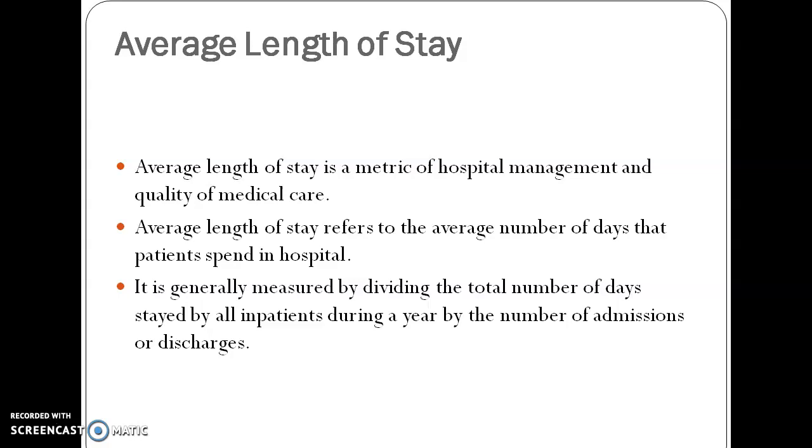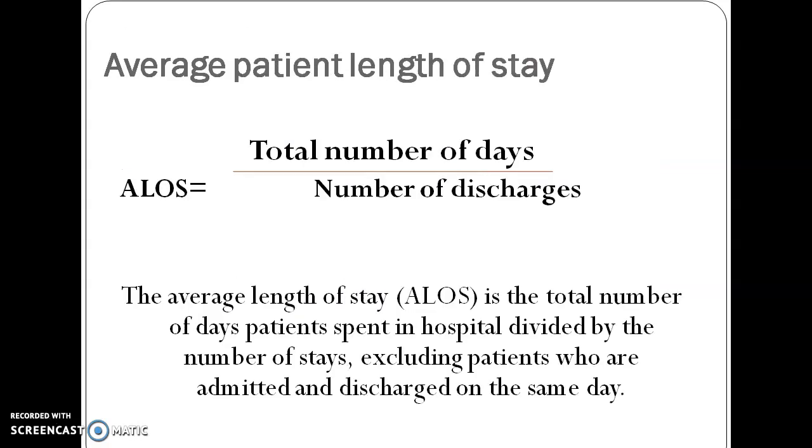You can take this as a year, a month, a week, and so on. So the total number of days these inpatients stay in that period of time, divided by the number of admissions or discharges. This is the formula of average length of stay: the total number of inpatient days divided by the number of discharges.